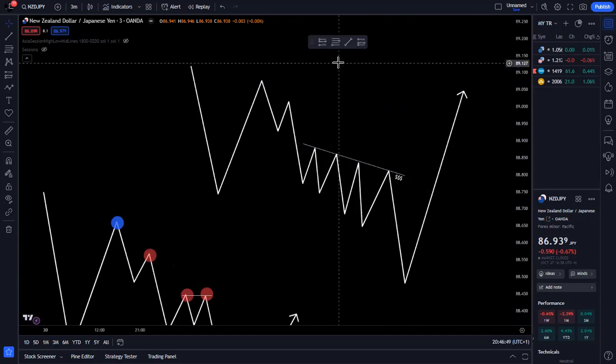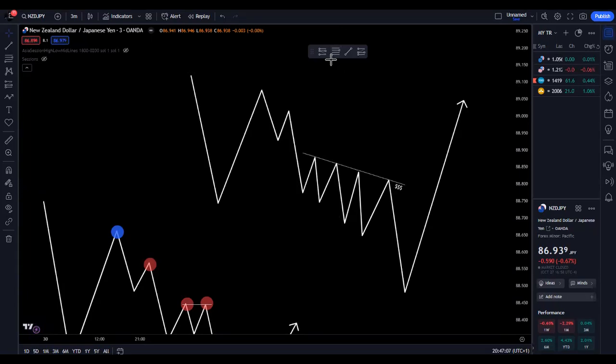You buy. You say you what? Where will you buy from exactly? When you have price coming back to your trend line like this on a downtrend, are you going to buy, or sell?